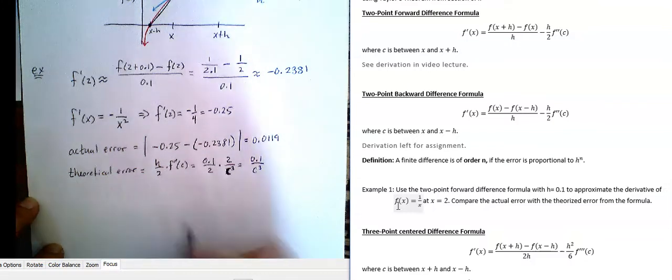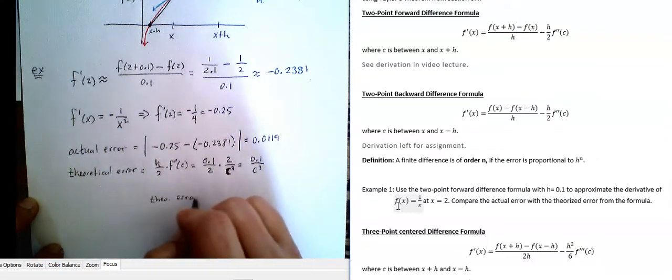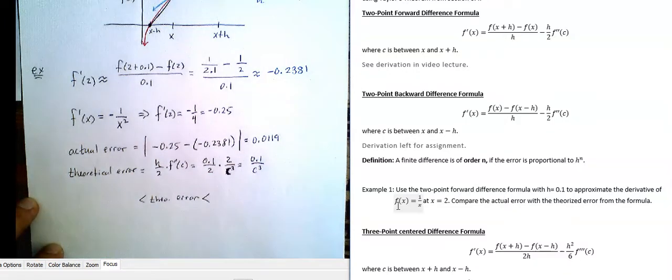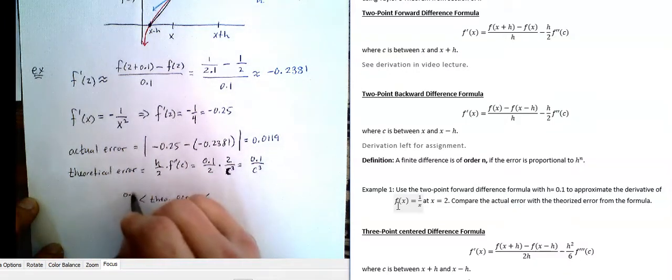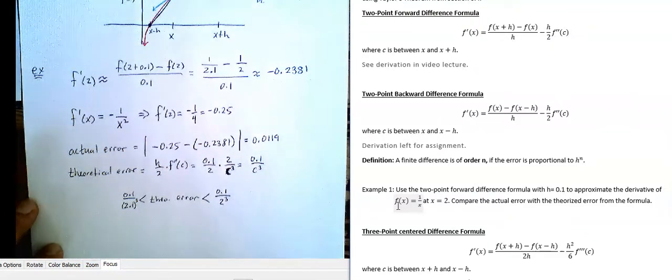So the theoretical error is between the two values 0.1 over 2.1 cubed and 0.1 over 2 cubed. Of course, this guy is going to be a smaller number than this one because the denominator will be larger.